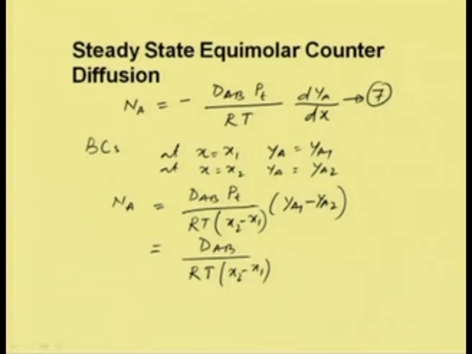If we multiply it by the total pressure, this will be the partial pressure, PA1 minus PA2, of component A. So, this is equation 8.